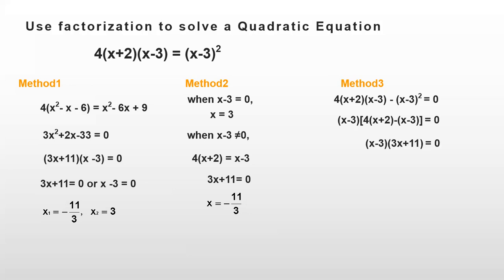Then you can simplify 4 times (x + 2) minus (x - 3) to get 3x + 11, which is the exact same expression that we had in our first method, which would then lead to the same two solutions that we would get from the other two methods.